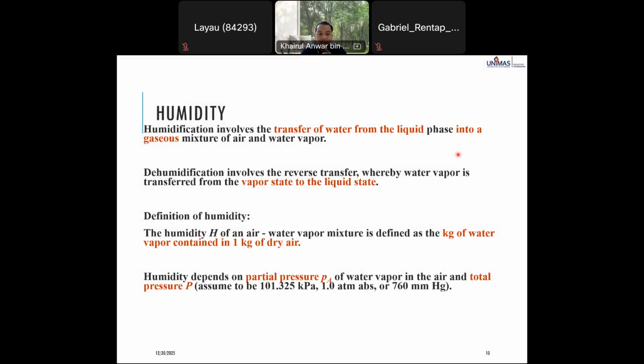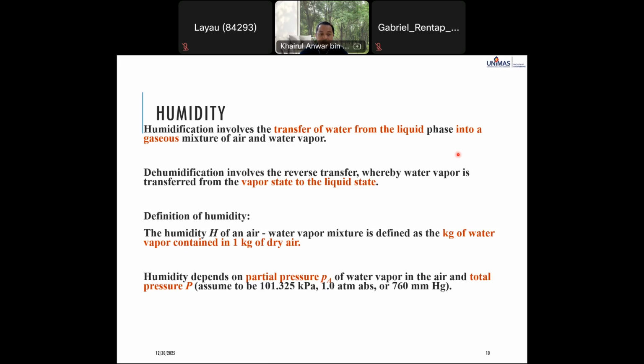Humidification involves the transfer of water from the liquid phase into a gaseous mixture of air and water vapor. Dehumidification involves the reverse transfer, whereby water vapor is transferred from the vapor state to the liquid state.